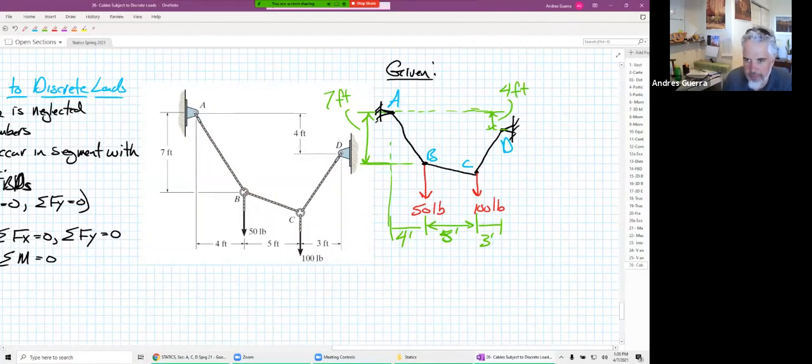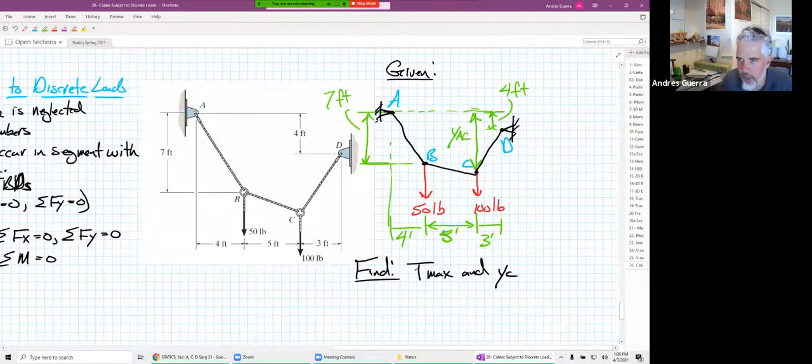They're asking us to find, for this problem, T max and YC. They technically do not give us this distance down to point C. Let's be a little bit more descriptive instead of calling it just YC.